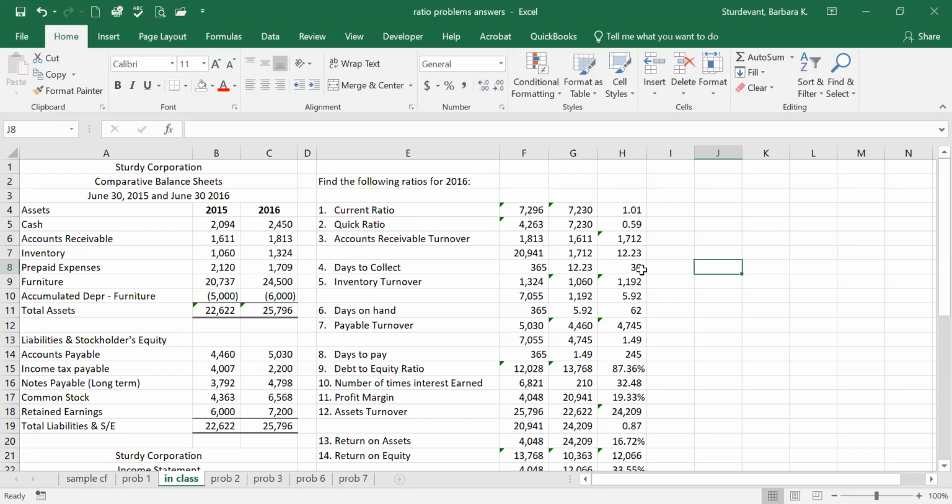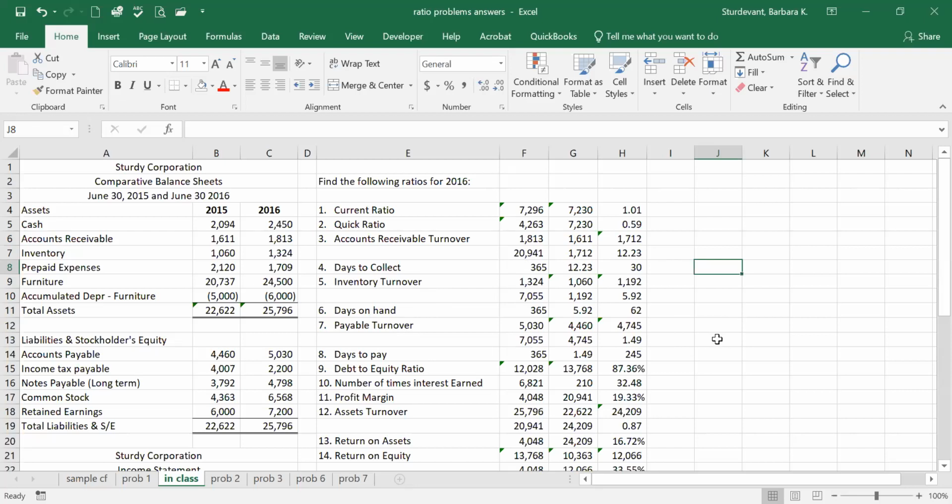This problem right here, I did not do that. So honestly, for the days to collect and these days to pay down here, actually we're going to do some of these, but always use 365, where the 366 will come in when we're doing some occupancy ratios. For this, just always use 365.